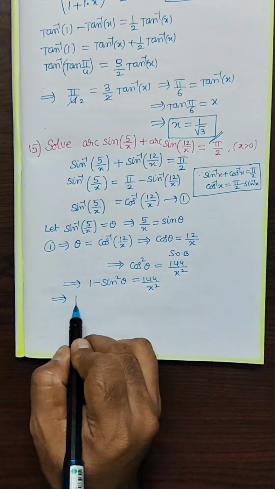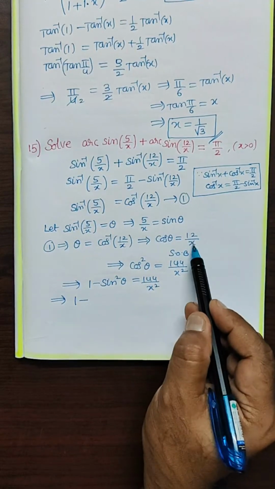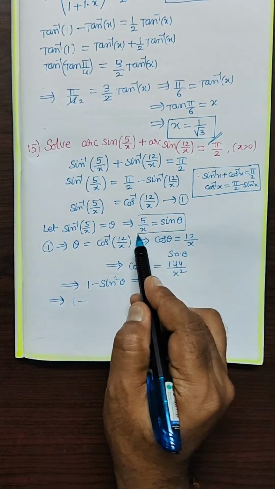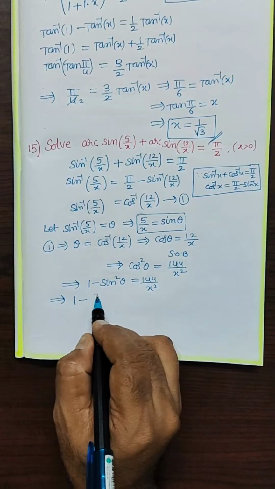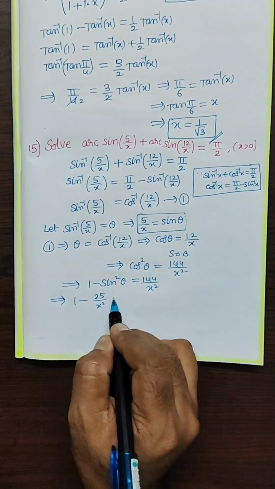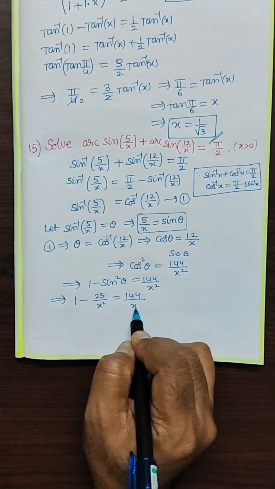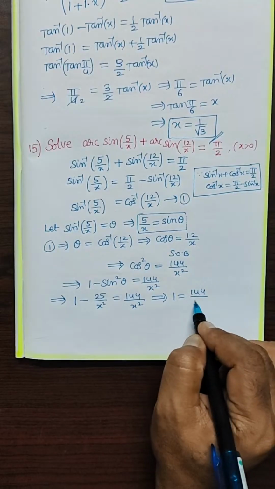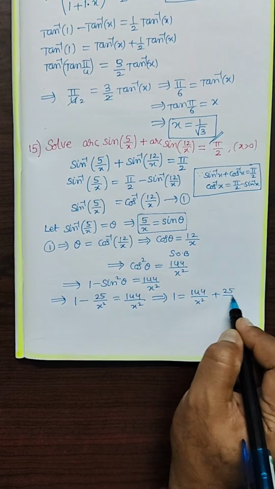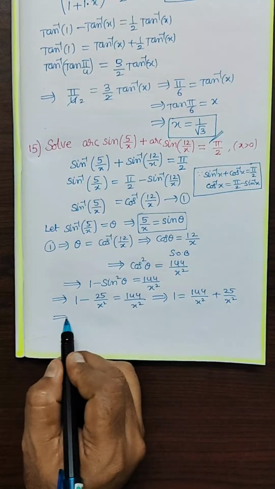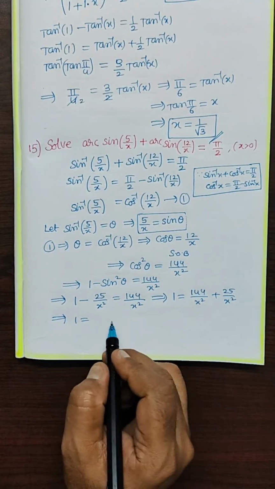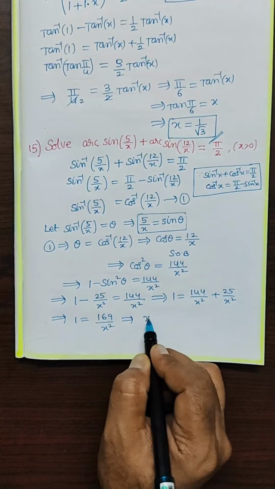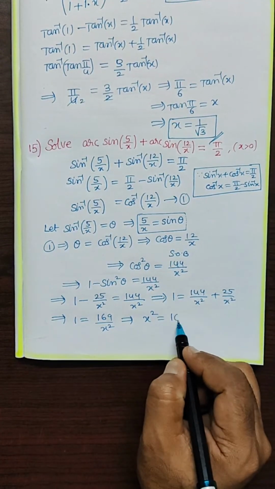So that implies 1 minus, here sine theta is 5 by x, so 5 by x whole square, which means 25 by x square, equal to 144 by x square. That implies 1 is equal to 144 by x square plus 25 by x square. So that implies 1 is equal to 169 by x square. That implies x square is equal to 169.